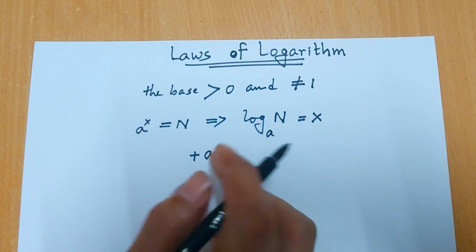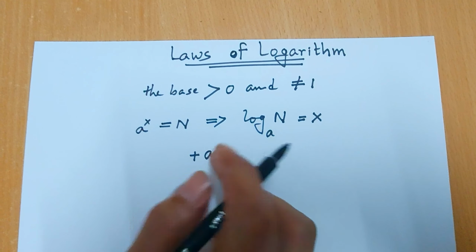I am giving you an example here. Say log of 42 to the base 3 equal to log of 42 to the base 3.